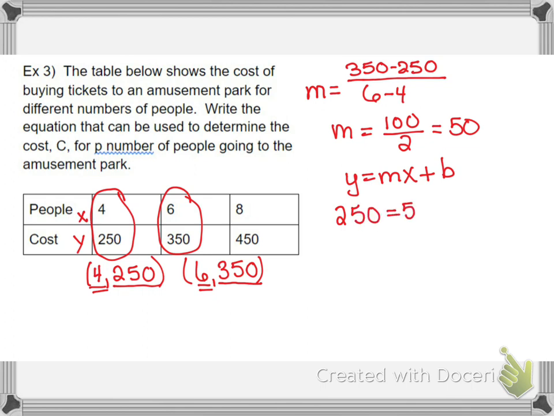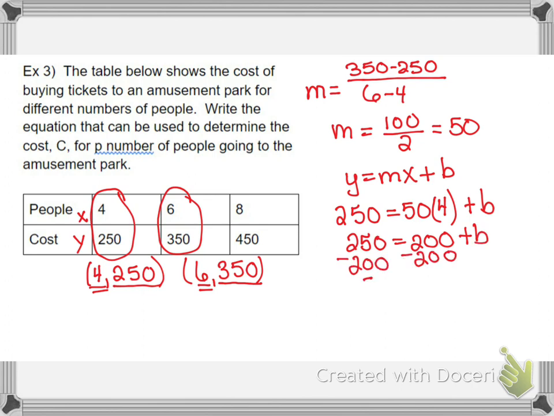The slope is 50. The first x value was 4. And then we are going to try and find b. So 50 times 4 is 200. And then to get the b by itself, we're going to subtract 200 from both sides. And you get 50 is equal to b. So both our y-intercept and our slope were 50.